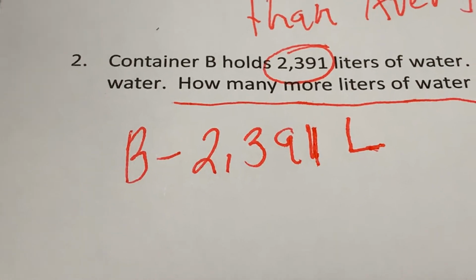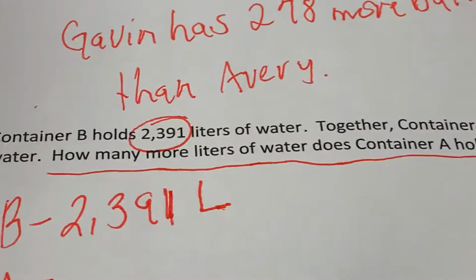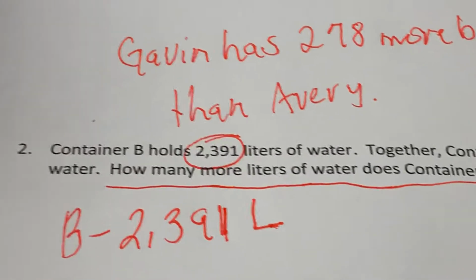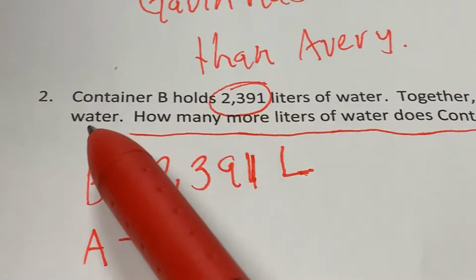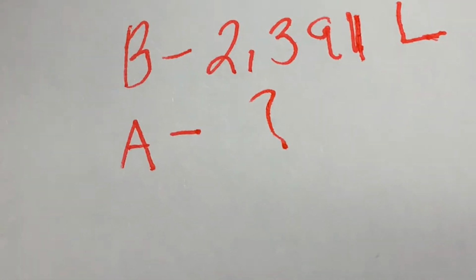All right, and I'm going to put some things down here that I know. I know that B holds 2,391 liters. Now, what I don't know is how many liters of water container A holds because it only told me what container B holds. So I do not know A. So I'm going to put a question mark there.